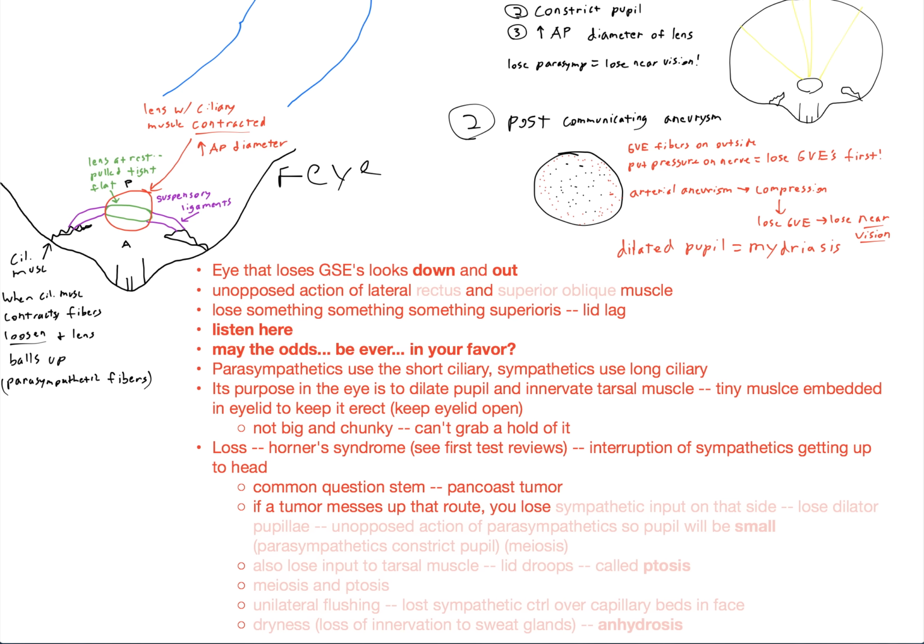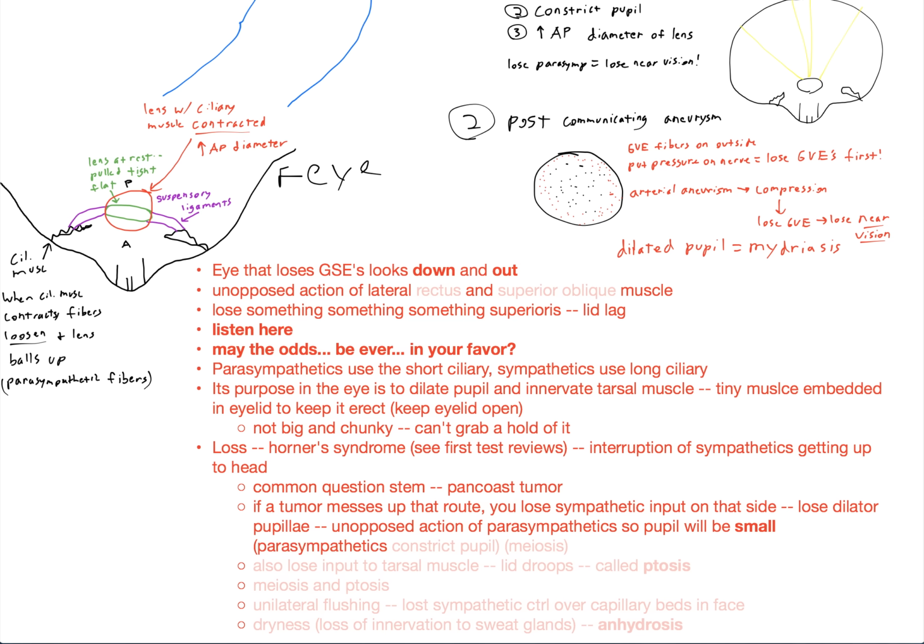And on the right side, you've lost this. You've lost your dilator pupillae. So you have unopposed action of your parasympathetics. So that pupil is going to be what? Small. It's going to be a really small pupil. Unopposed action of parasympathetics who are constricting the pupil.